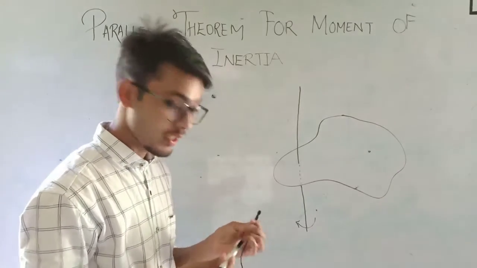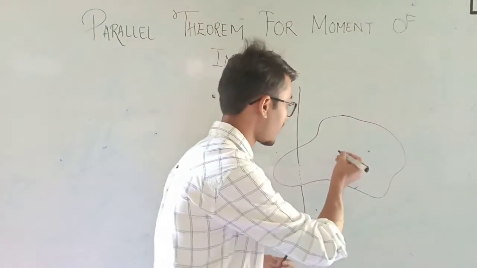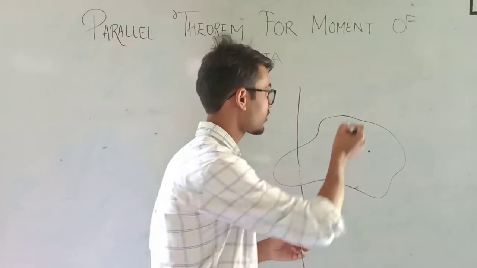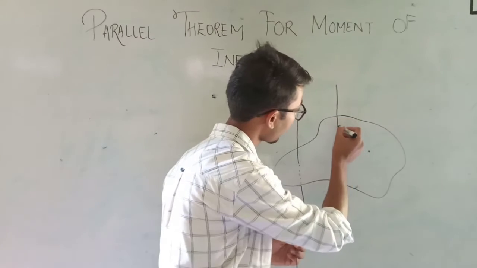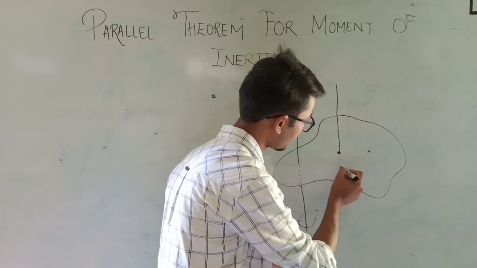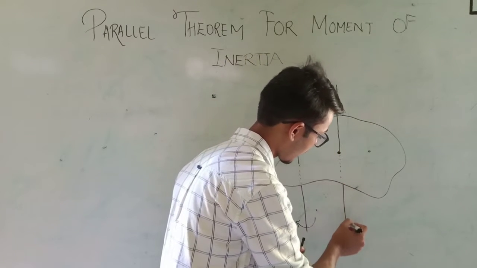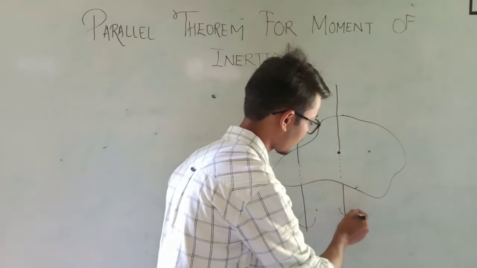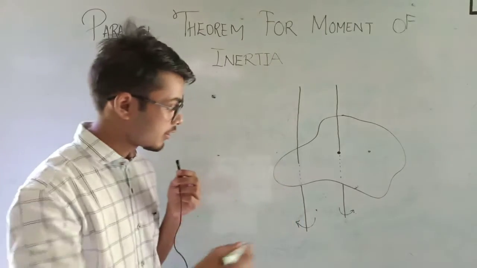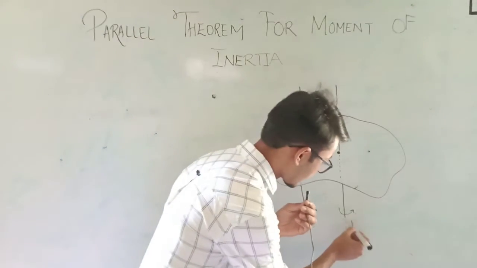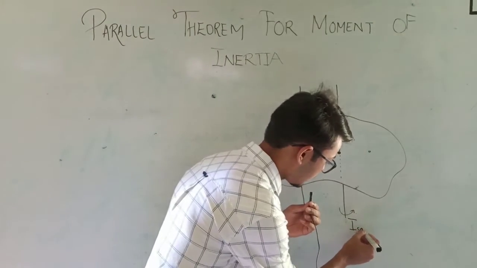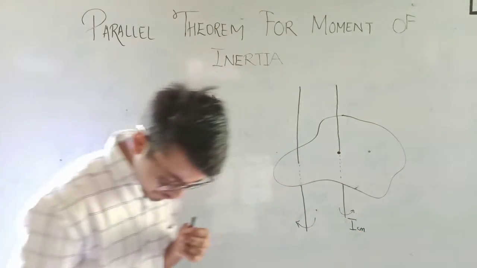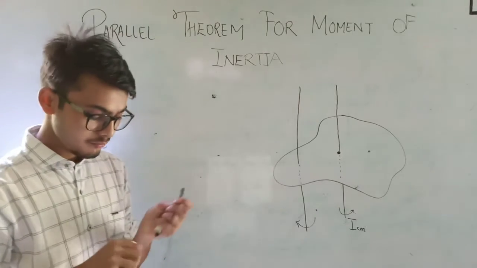For that, let us take an axis passing through the center of mass, this axis, and name its moment of inertia ICM, the moment of inertia about the center of mass.